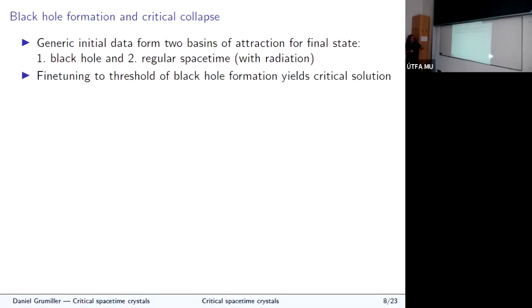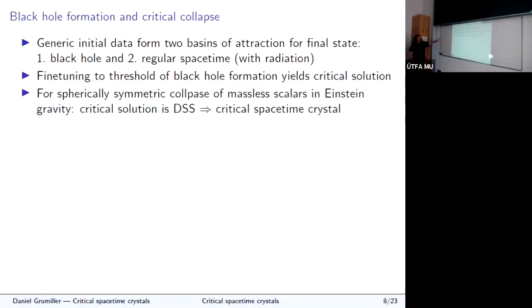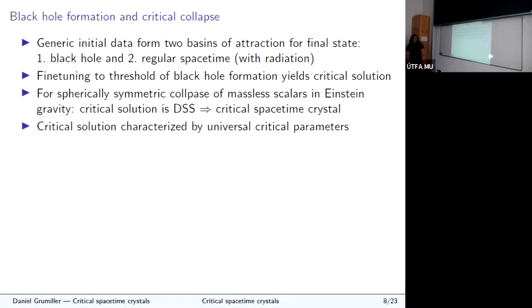So if you do this infinite fine-tuning, if you go exactly to P equals P star, then you have the threshold of black hole formation, and that gives you the critical solution. For a certain symmetric collapse of massless scalars in Einstein gravity, one can show that this critical solution is discretely self-similar. So it is a spacetime crystal, because it's a critical solution with a critical spacetime crystal. This solution is characterized by universal critical parameters.